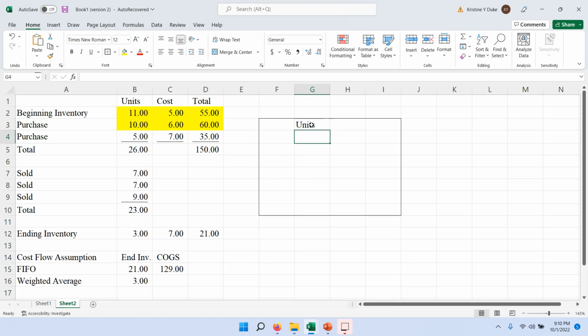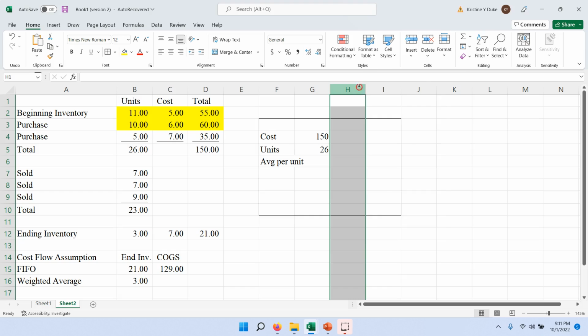Actually, let me do it vertically. My cost is going to be 150. That's my purchases. And my units are 26.